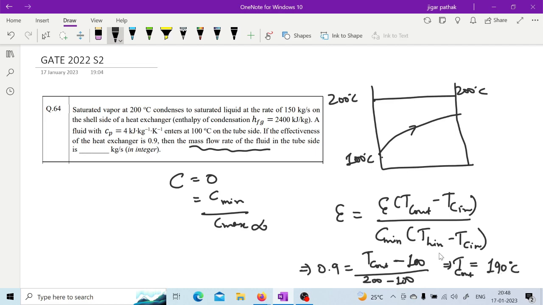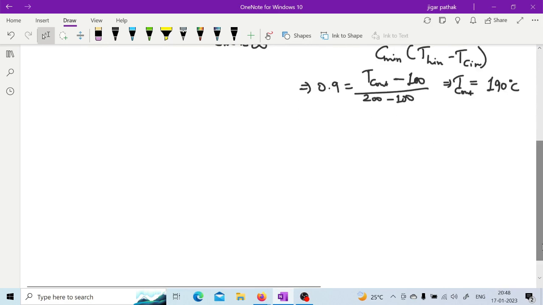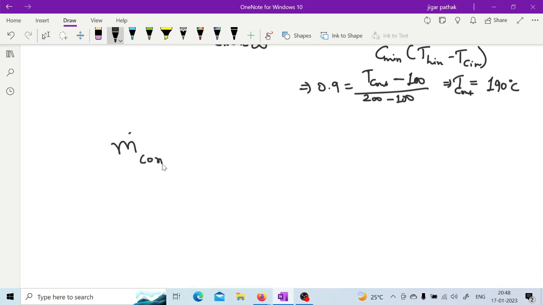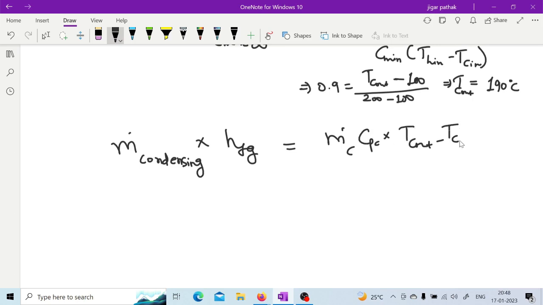Right? So now once you have this, then you can go for heat balance. The heat balance in this case is the mass flow rate of condensing steam into the enthalpy of vaporization, as we have discussed, equals mc cpc into TC out minus TC in.